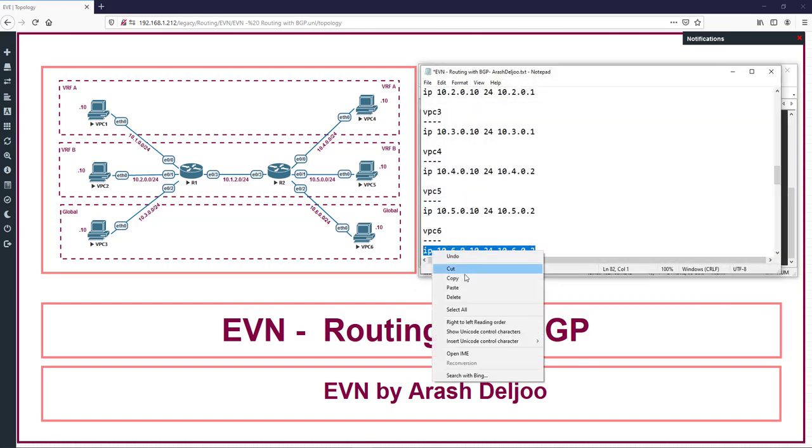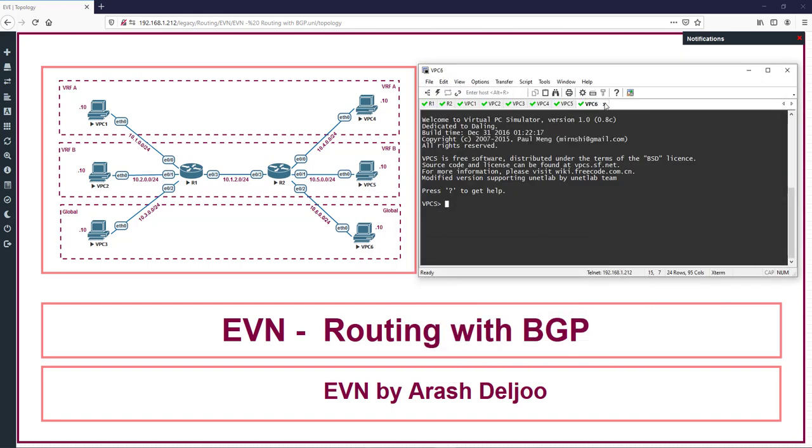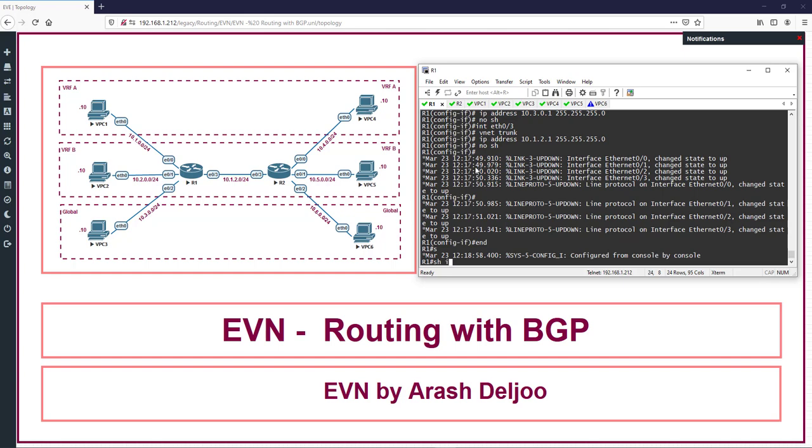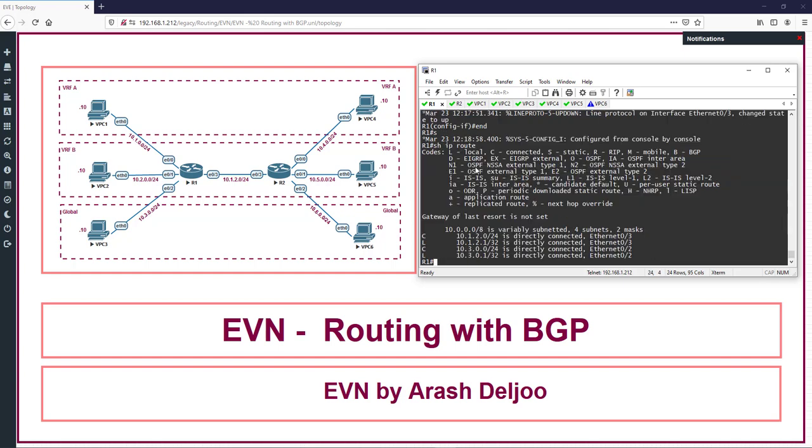Before configuring BGP, it's good to check the routing table of R1. For example, in R1, we have three routing tables. The first is the global routing table, show ip route, two connected networks, okay? One over ETH0/2 and one over ETH0/3. Very good.